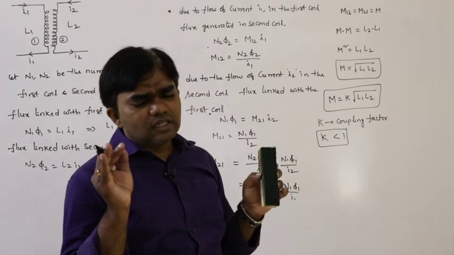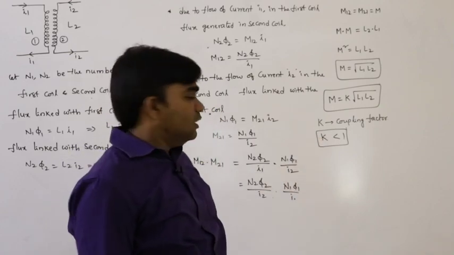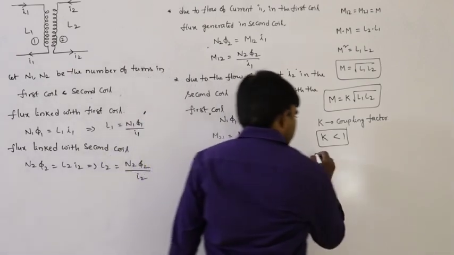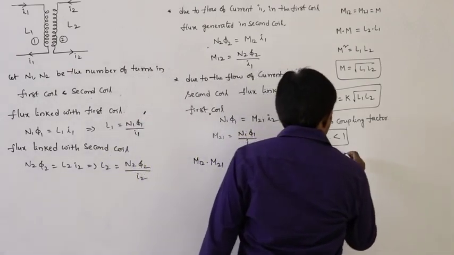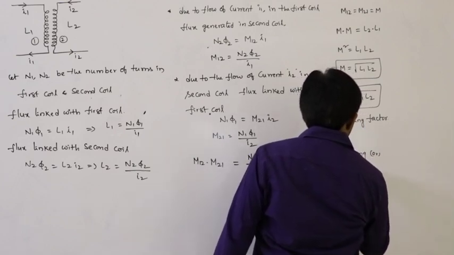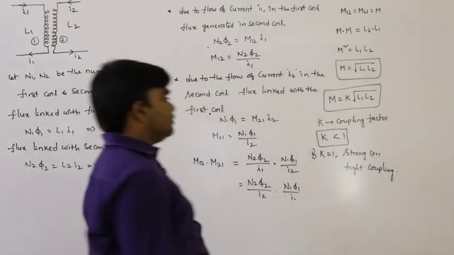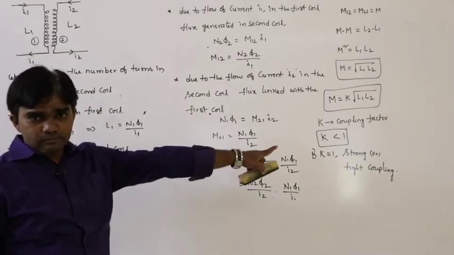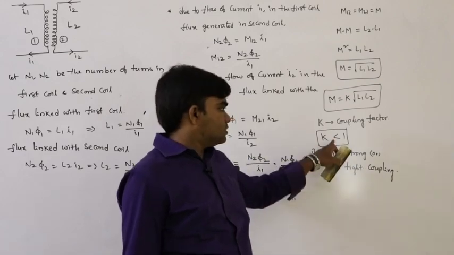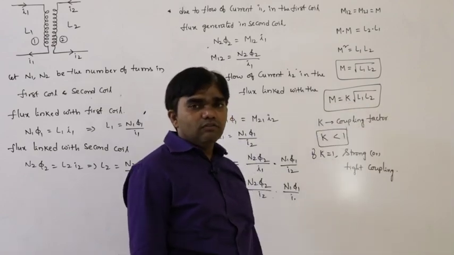So, definitely a certain amount of energy must be wasted in different situations. That means K must be less than 1. For example, if K is equal to 1, that is the ideal condition, called strong or tight coupling. Generally K value is less than 1, M is equal to K into under root L1 L2.